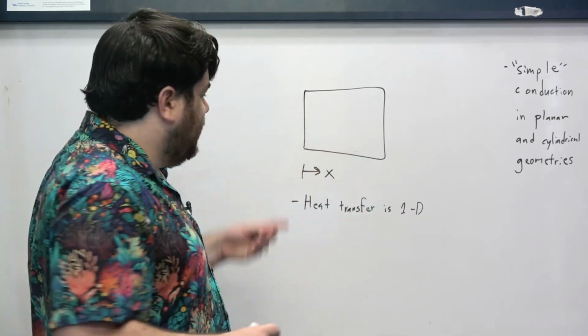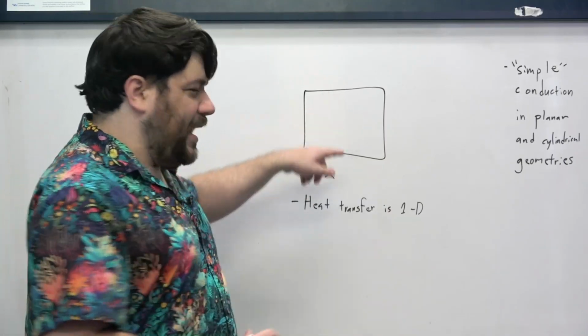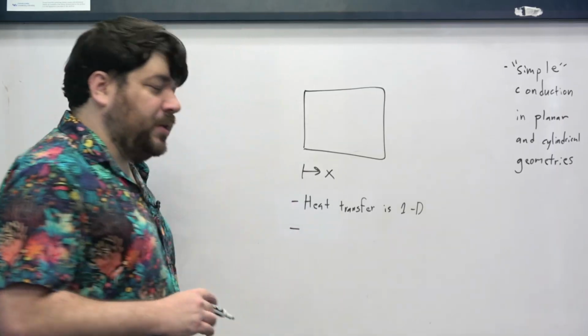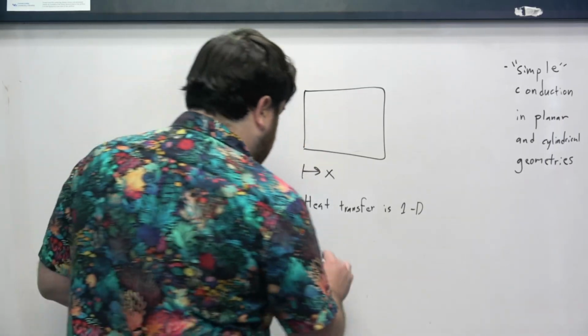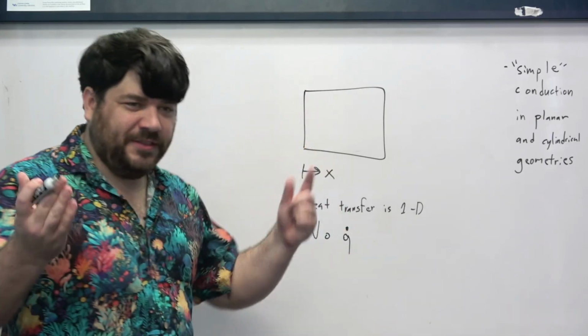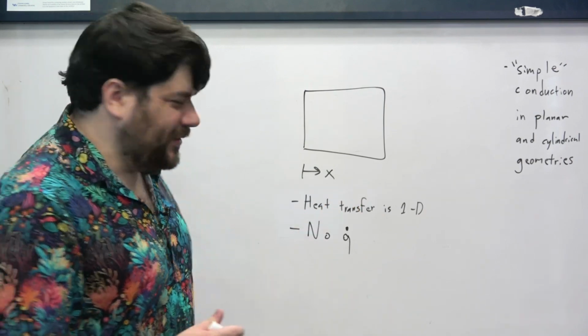Obviously, we can have a scenario where the heat transfer is actually happening up or down, but it would only happen in one direction, all right, in order for the following analysis to work. We are also going to assume that there's no thermal energy generation inside of this material, right? This is just a nice normal wall.